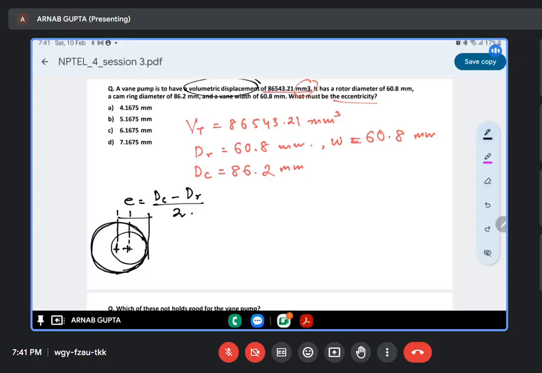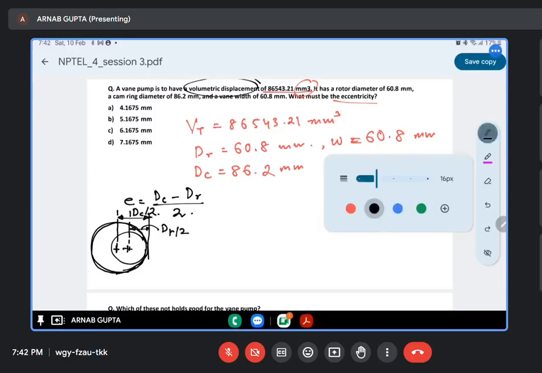So this much is your D cam divided by 2, and this much distance is your D r divided by 2. So simply, if you want to calculate this one, you have to subtract D r by 2 from D c by 2. So this is your E.